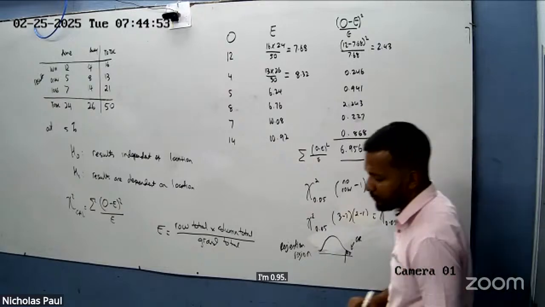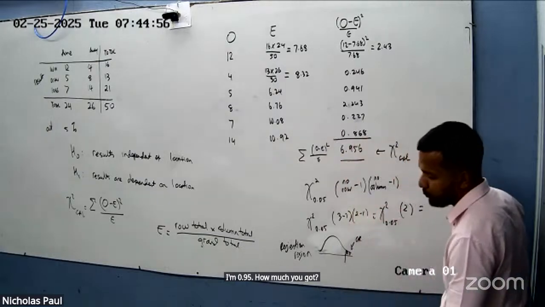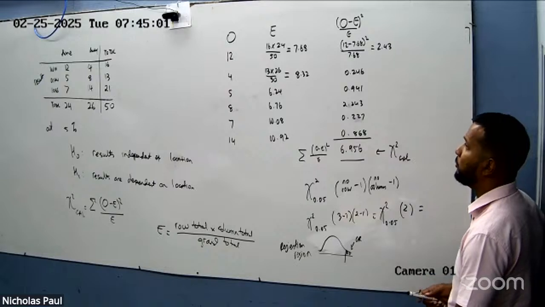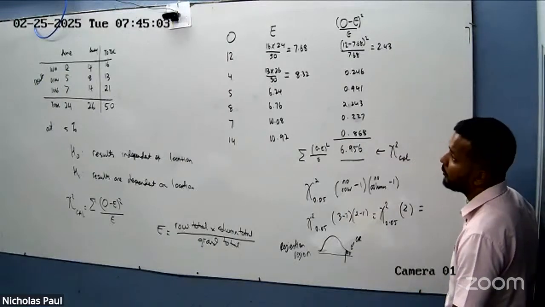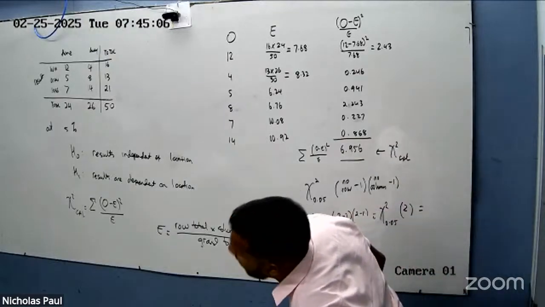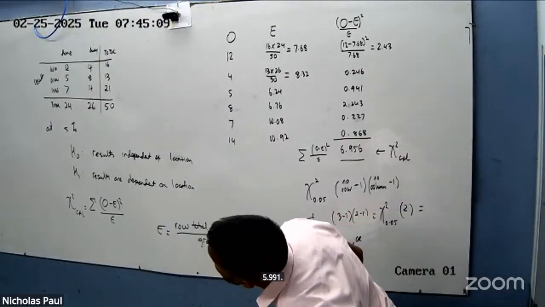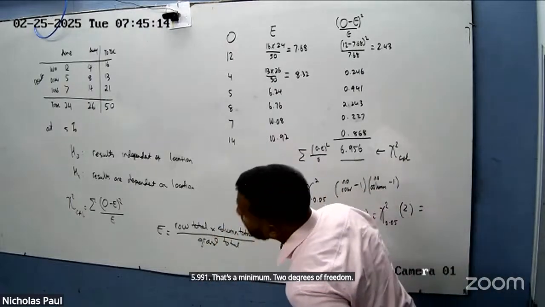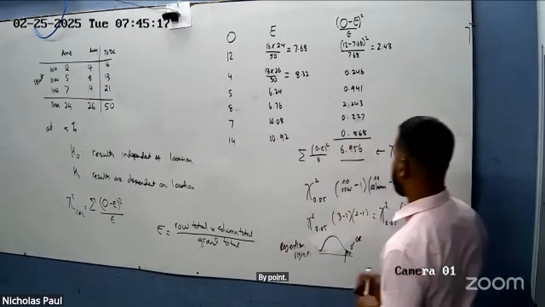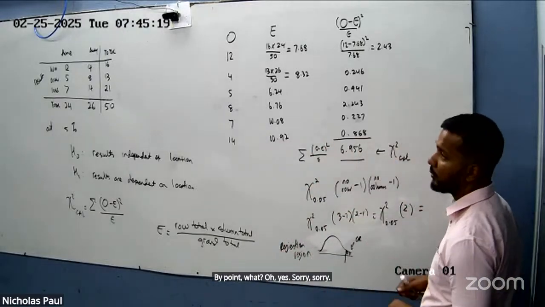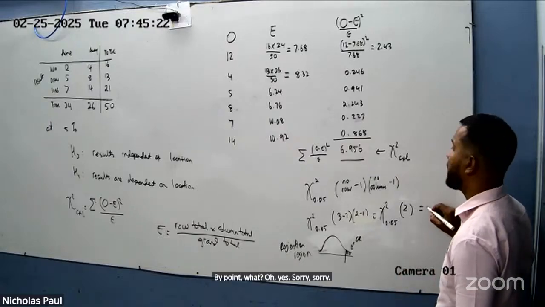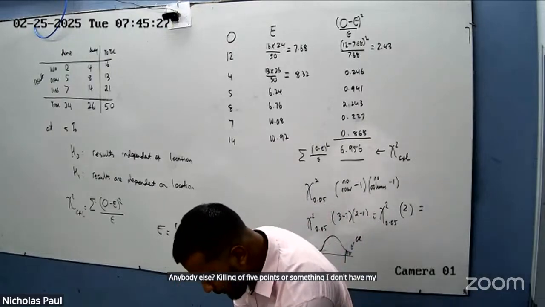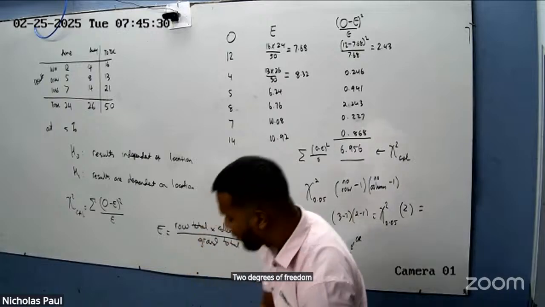How much did you get? 5.991. 2 degrees of freedom, yeah, 5.991.